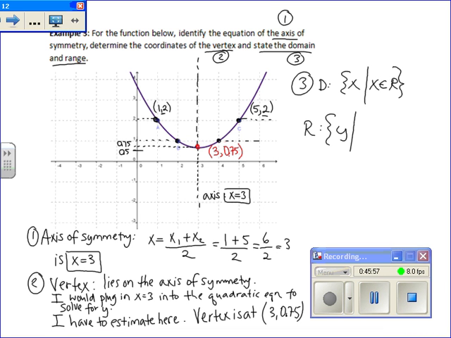The minimum is at the vertex. So the minimum value for y is 0.75. That's what I estimated. So I'm going to say that y is either equal to 0.75 or it's greater than that. So y is greater than or equal to 0.75, which is the minimum, and y is a member of the real numbers.